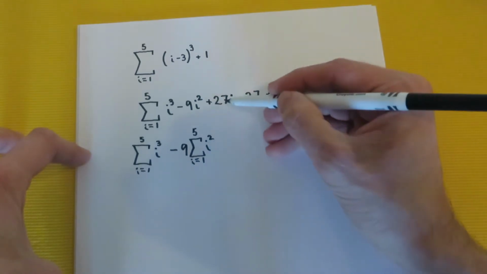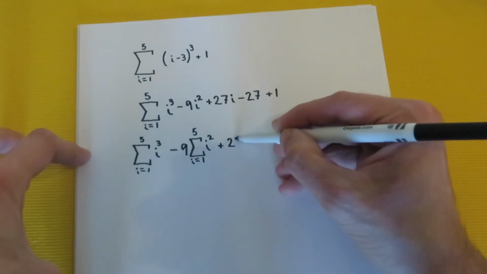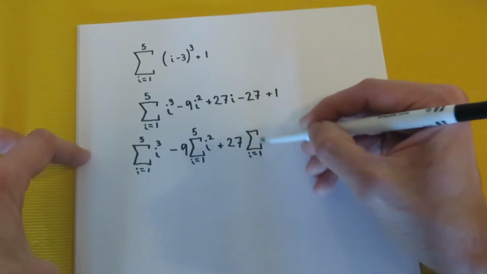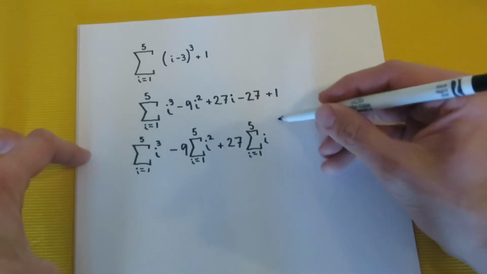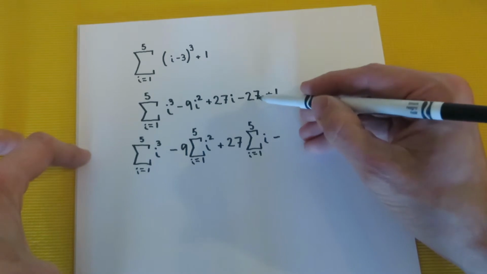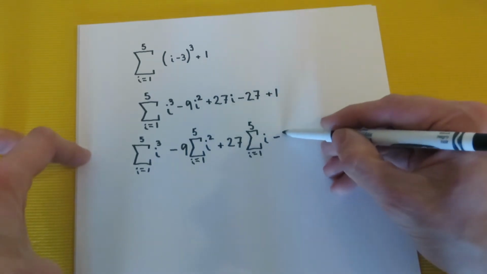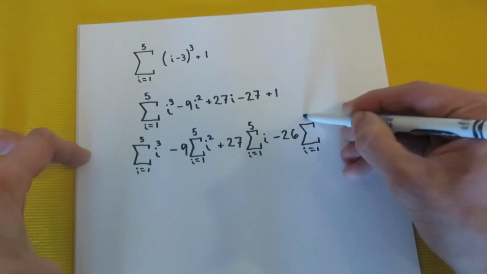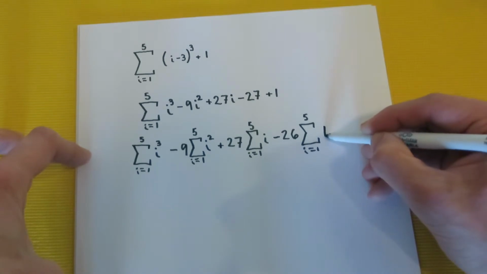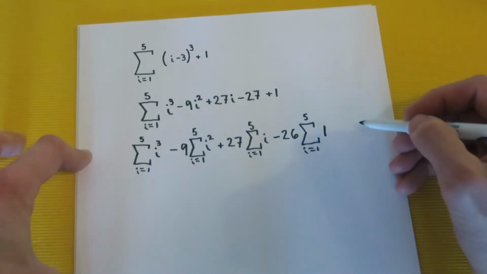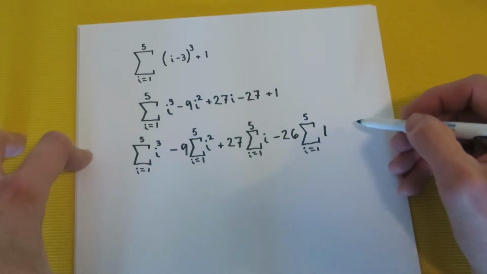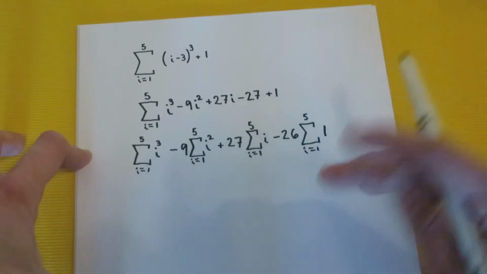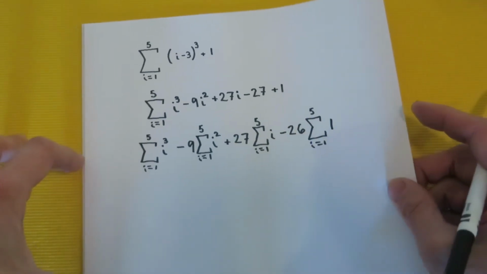Of i squared, we're going to pull the 27 out for the next one, i equals 1 to 5 of i. And now we have minus, remember we said that minus 27 plus 1 equals 26. Summation from 1 to 5 of, we just have a 1 here. So hopefully that makes sense. And for this next step, you might want to go back and review your summation formulas. We're going to move a little bit quickly here because that's not the focus of this video.